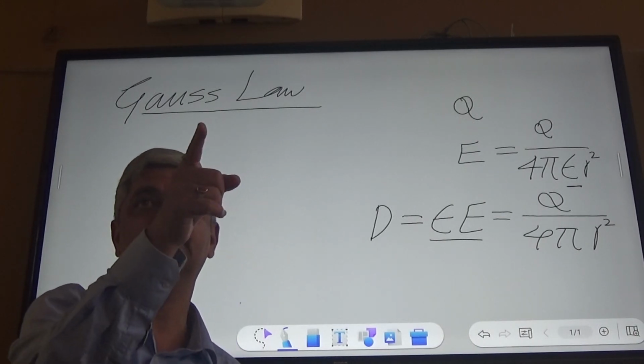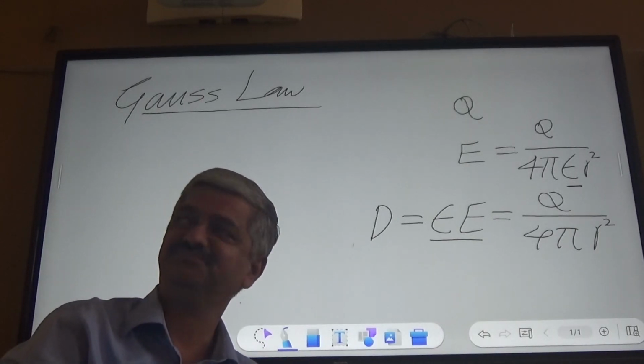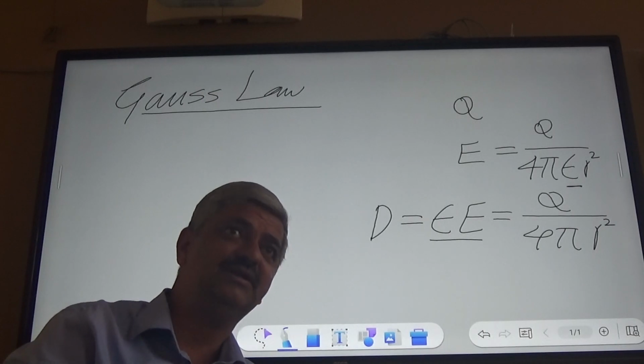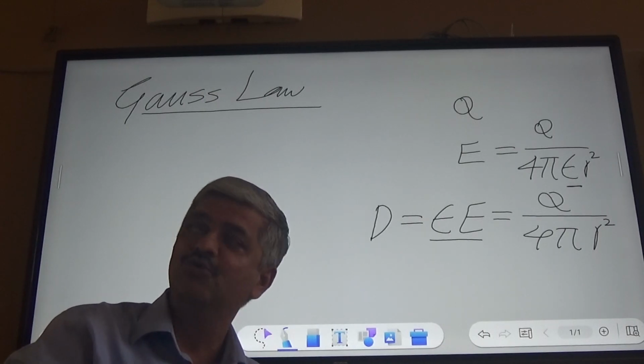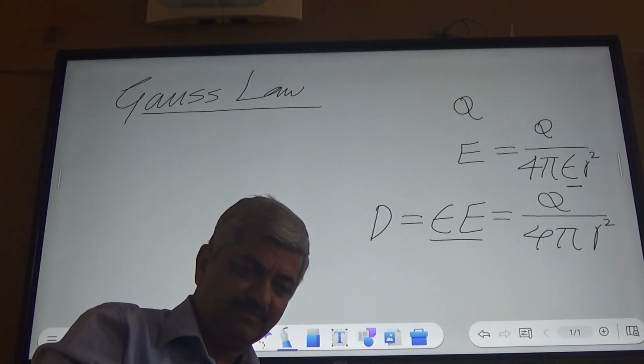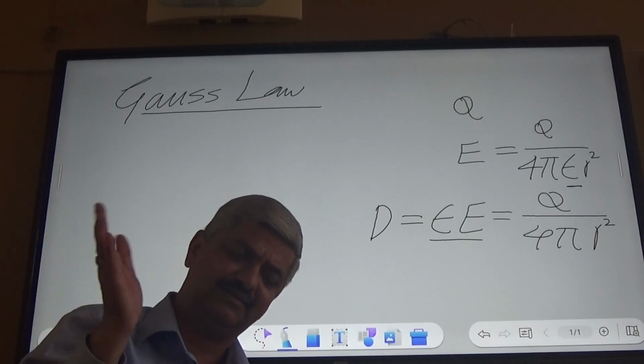Now this term is very important: electric flux over a closed surface. Flux density and field intensity are the terms.